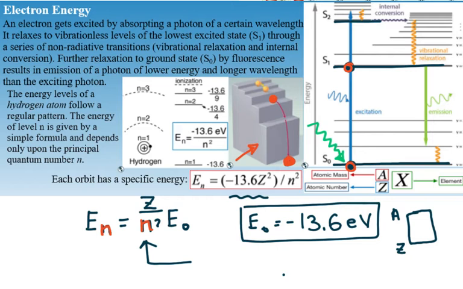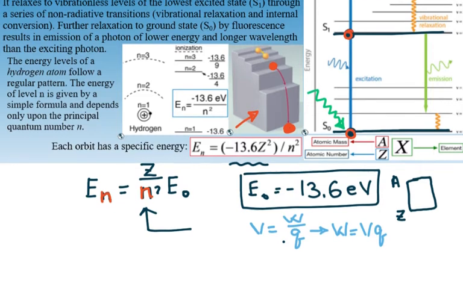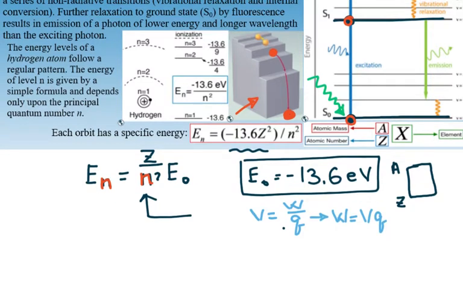When we covered electrostatics, remember that the voltage is equal to the work over the charge. So the work is the energy, which is volt times the charge. And this is where the electron volt comes in.